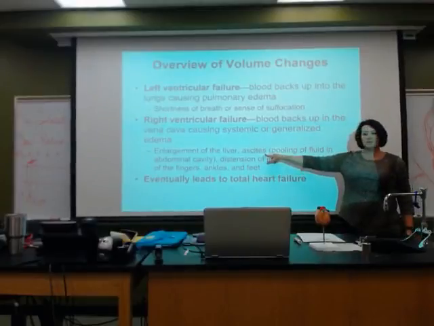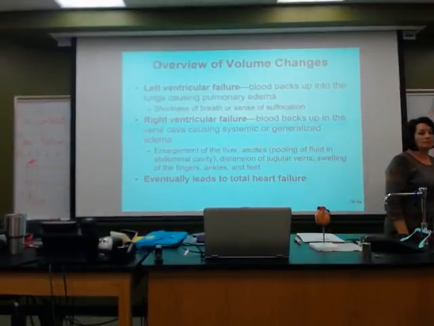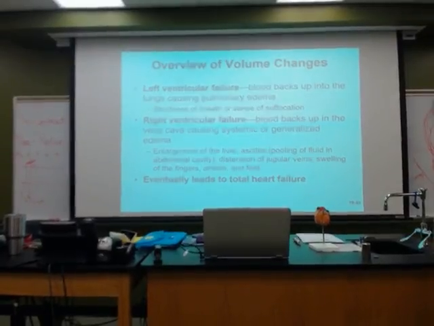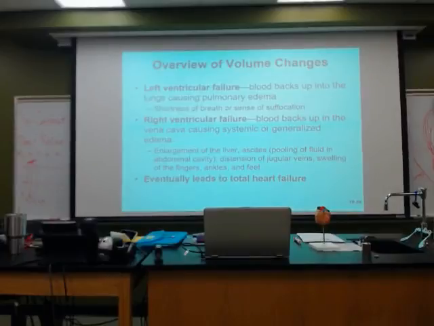Are y'all familiar with this one? Ascites? What is it? That's what the definition is saying. What does it look like for a person? The stomach is very enlarged and hard, and it's like rock hard.